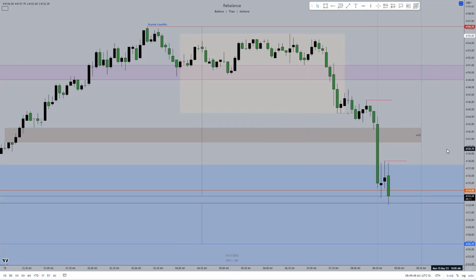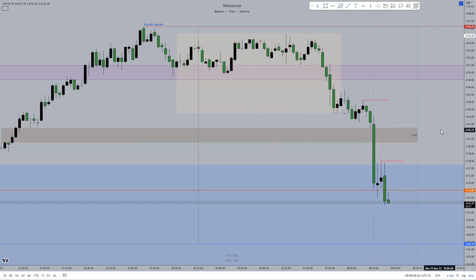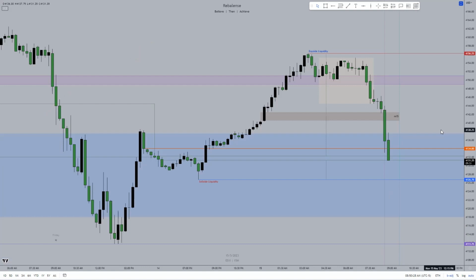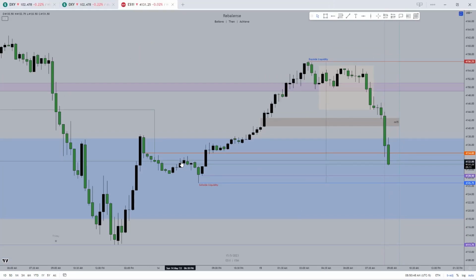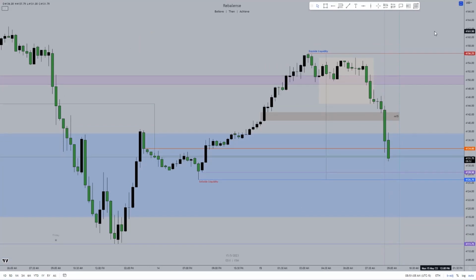So just switching time frames, adding another relevant level that I'll be watching for a reaction, since price definitely seems like it's running on sell side for the early portion of the morning.